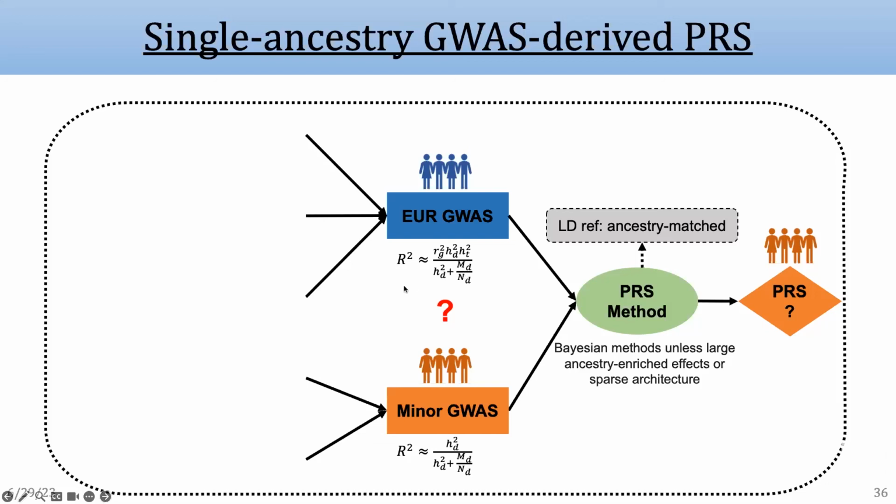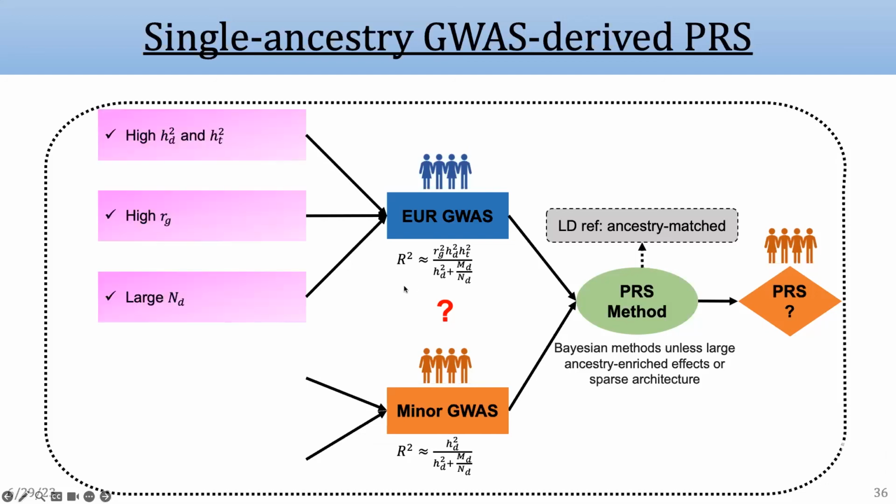If the trait has high heritability in both the discovery and target populations, and the cross-ancestry genetic correlation is high, we recommend building a PRS based on the large-scale European GWAS.